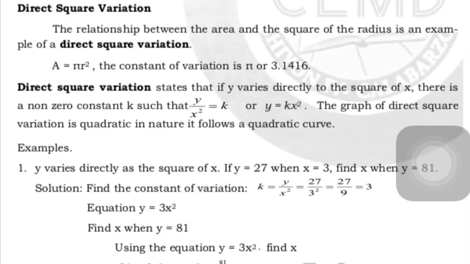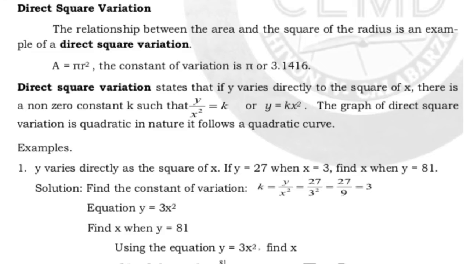Now let's go to the next one, direct square variation. Direct square variation states that if y varies directly to the square of x, there is a non-zero constant k such that y over x squared equals k, or y is equal to kx squared.